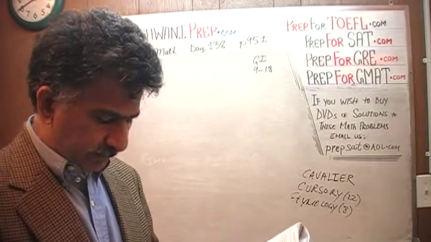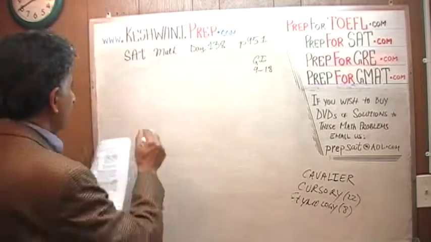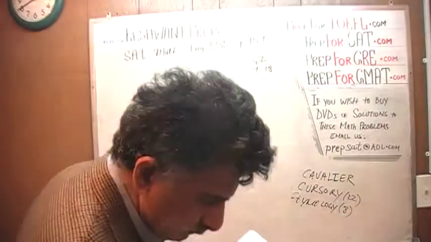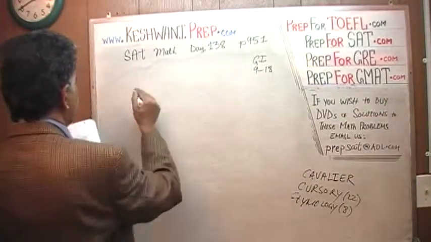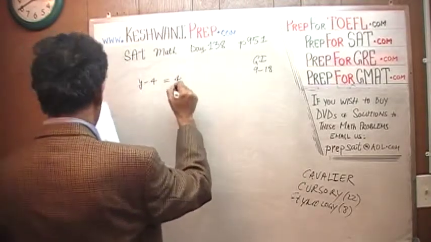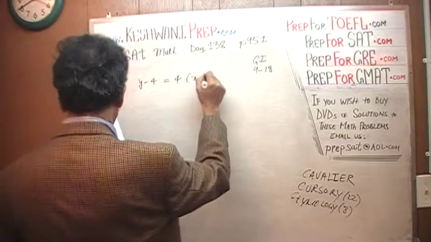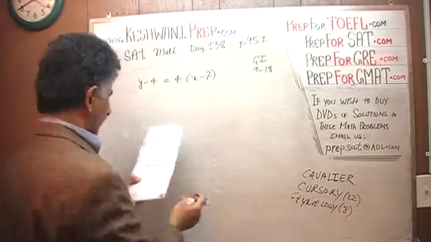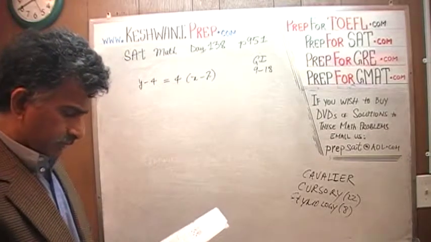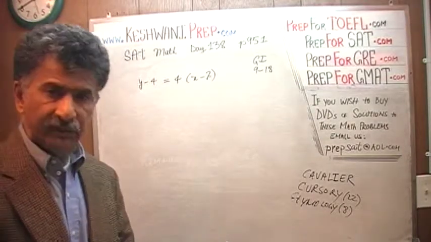Number 10. Point P lies on the line with the equation. So they give you an equation here. We are told that y minus 4 equals 4 times (x minus 2). And we are told that point P lies on the line with this equation.